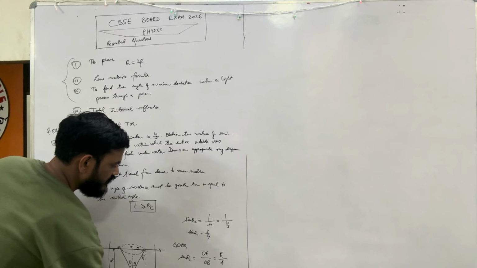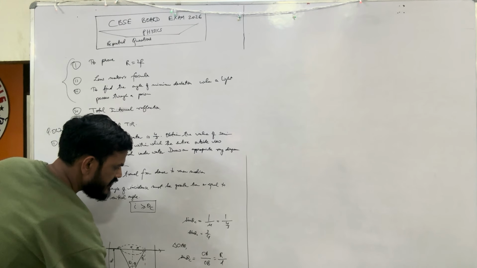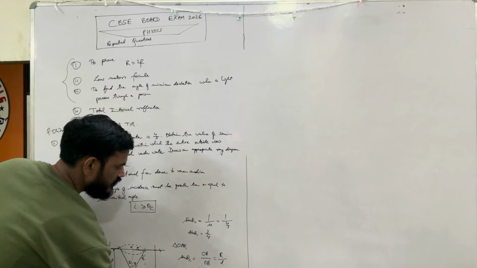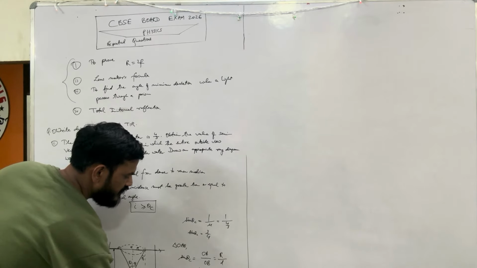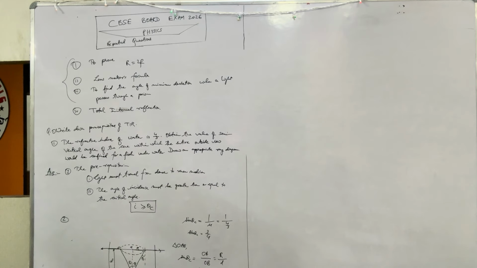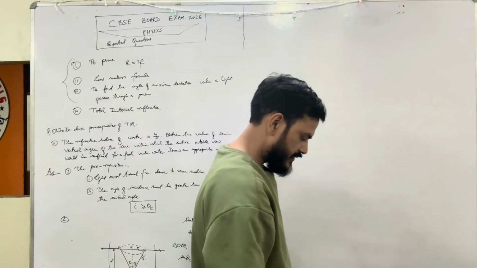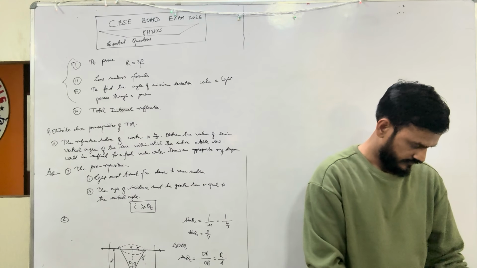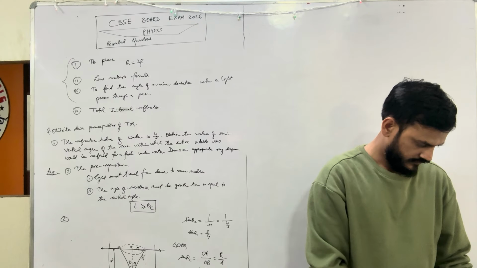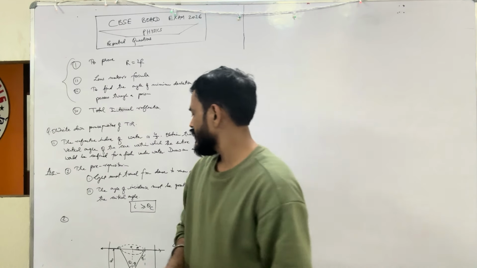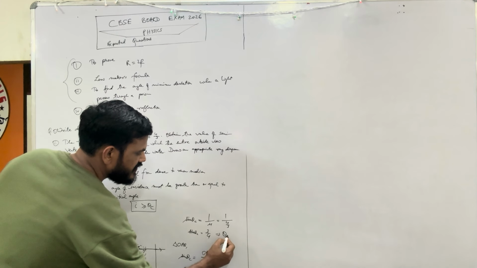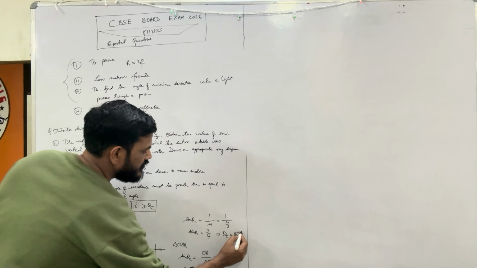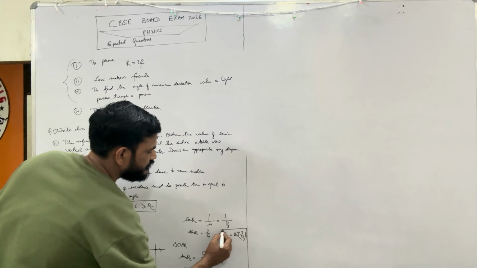So the radius r will be d into sine theta c, so d into 3 by 4. So the radius of the surface over which the fish can see is 3 by 4 of the depth. The semi-vertical angle will be just theta c. So theta c can be found out as sine inverse 3 by 4.